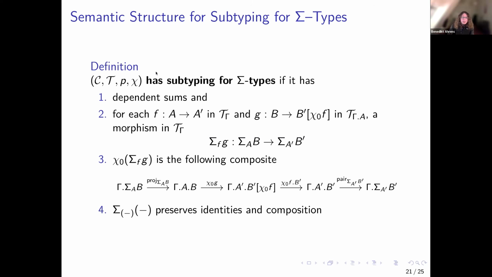And so we define for a comprehension category to have subtyping for sigma types. We want the comprehension category to have dependent sums.